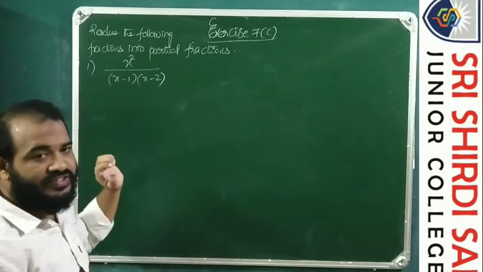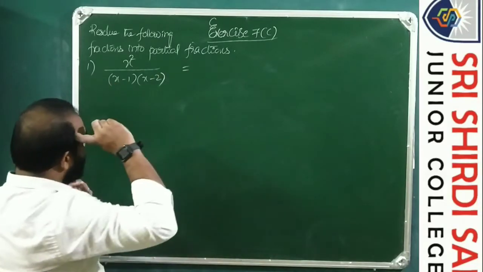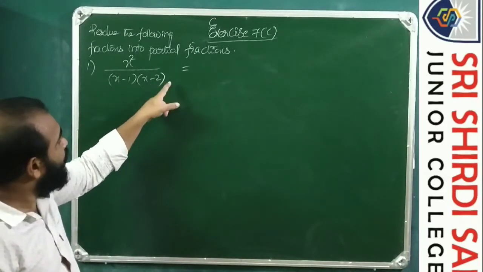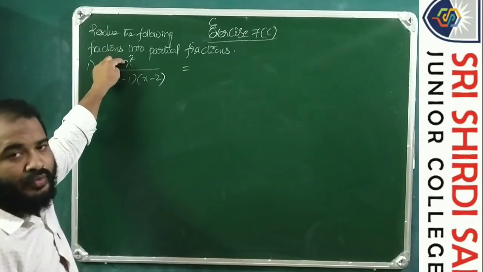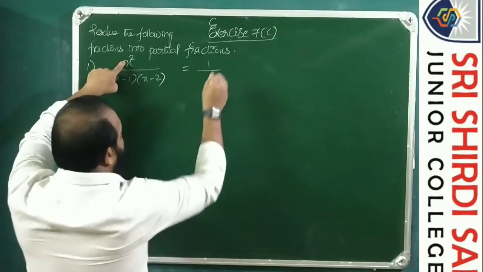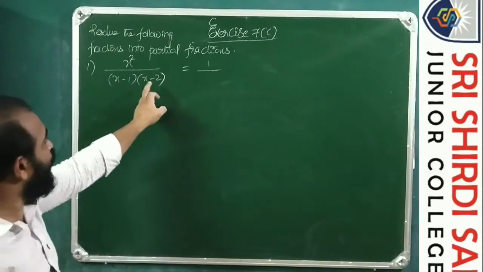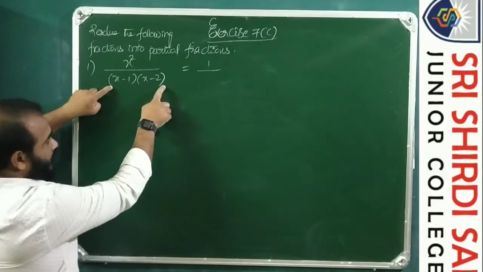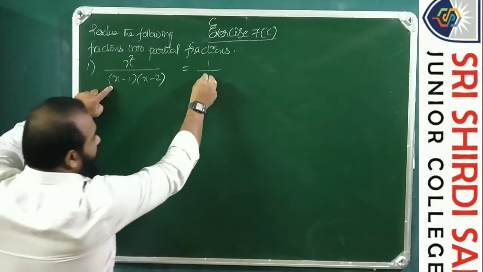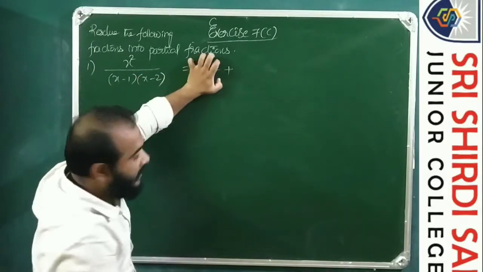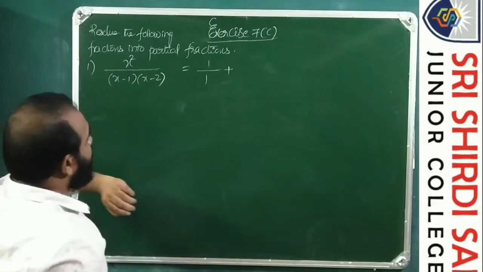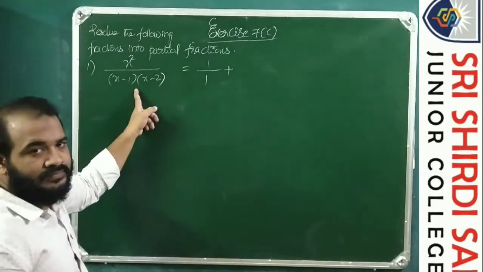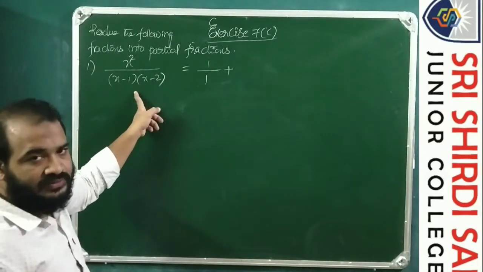So how do we solve this? This is equal to the coefficient of x square in the numerator, which is 1, by the coefficient of x square in the denominator, because if you multiply x square minus 3x plus 2 the quotient is 1. This is our k, plus the partial fractions.